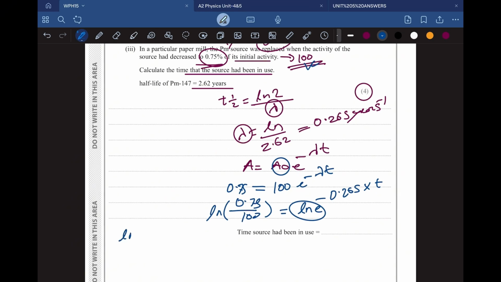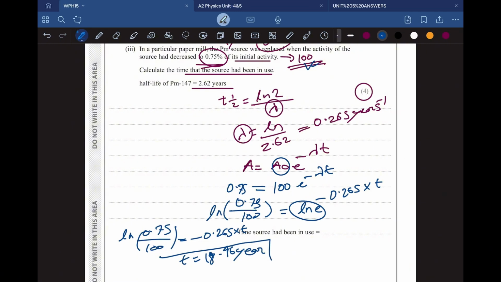We're only left with ln of 0.75 divided by 100 is equal to minus 0.265 into time. If we make T the subject, our answer will be 18.46.